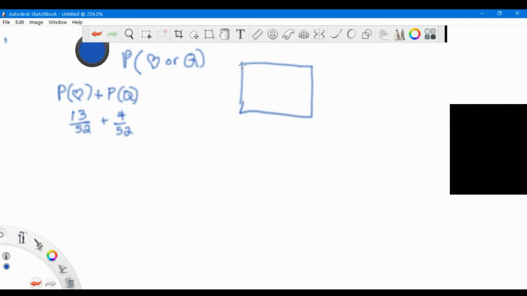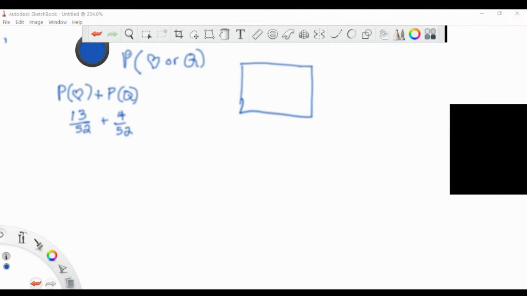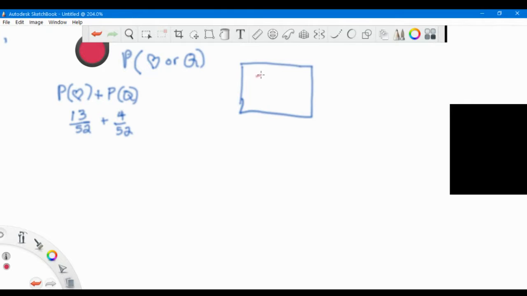Right, here's our full Venn diagram. And we're going to make a red circle. Okay, that's going to be the hearts. And we're going to make a black circle for the queens, but wait a minute.